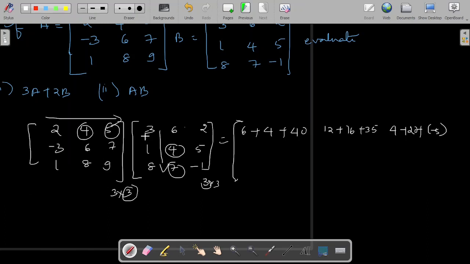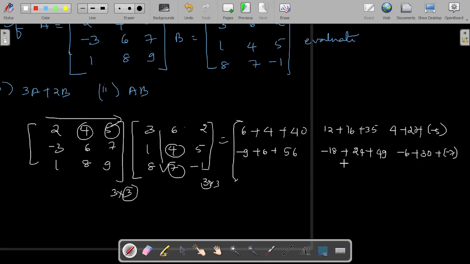Then similarly second row first column, come down to the second row, minus 9 plus 6 plus. Next second row second column, 6 3 is a minus 8 plus 7 sevens are 49, minus 3 twos are minus 6, plus 6 fives are 30, plus minus 7.